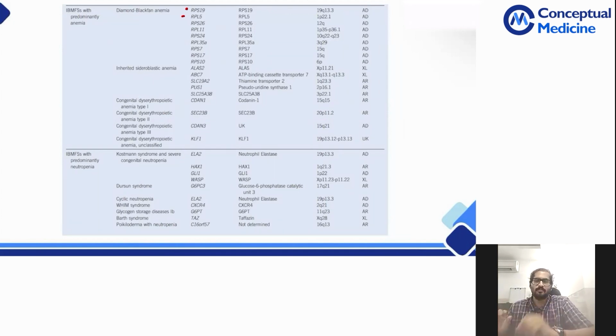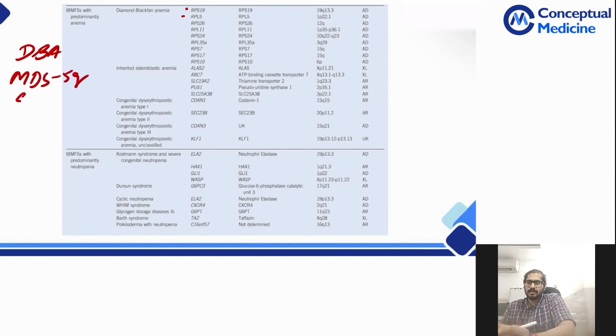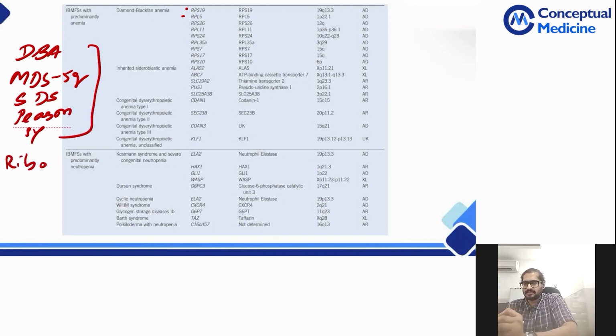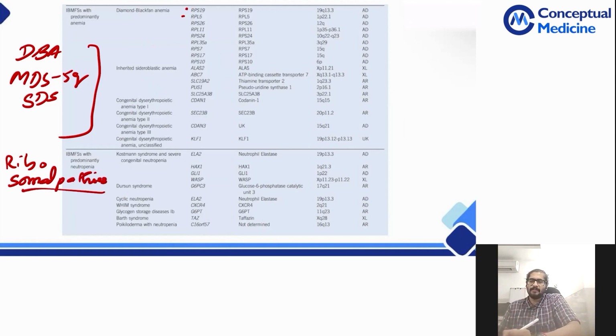Nothing but ribosomopathies. Diamond-Blackfan anemia, myelodysplastic syndrome 5Q, Shwachman-Diamond syndrome, and Pearson syndrome. All these are ribosomopathies. This can come in exams.